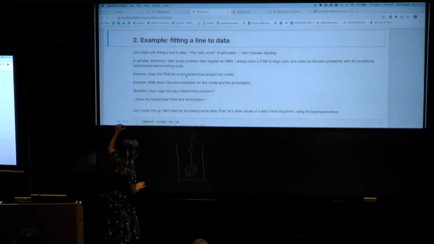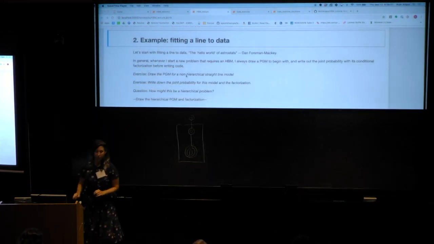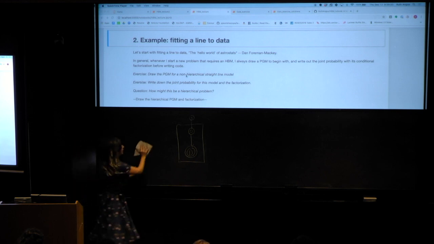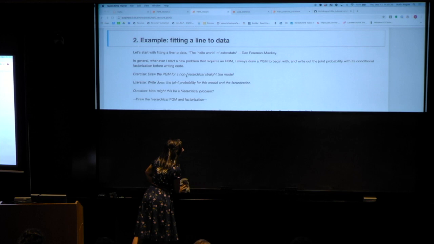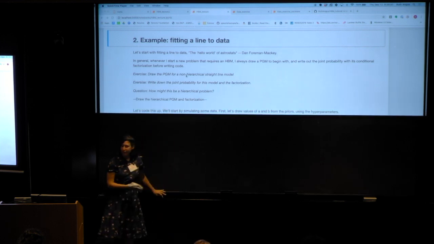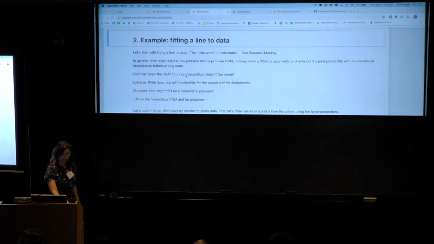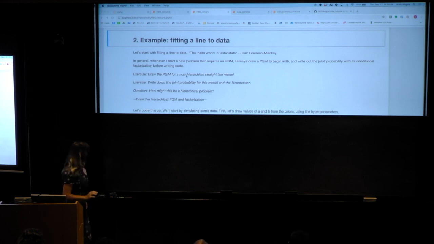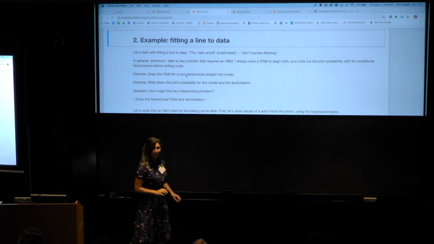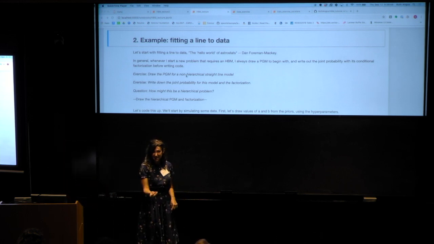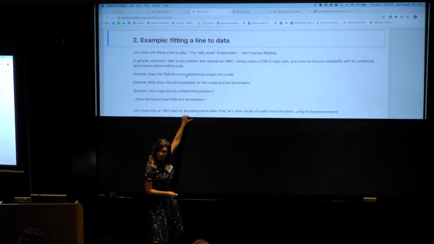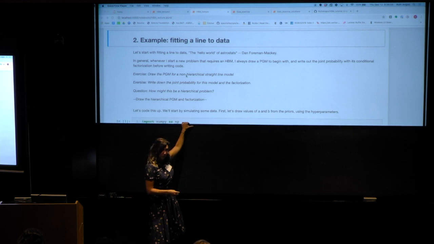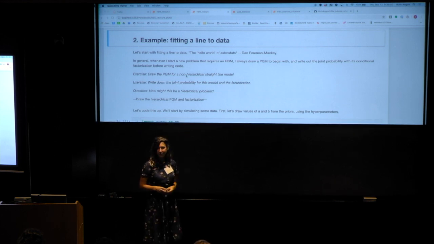Okay, this problem is a worked example of a hierarchical model which uses PyMC3. I am brand new to PyMC3, so if you have questions about the details, I might point you to some other people who are more experienced with it, but I'll do my best.